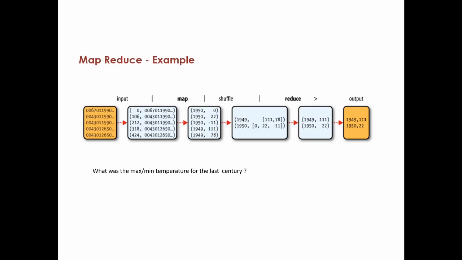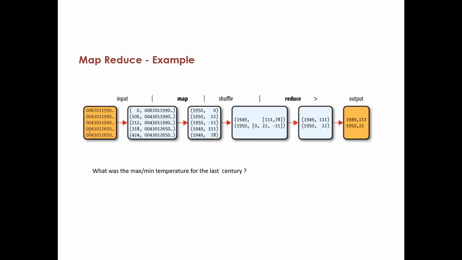So let's say there are weather stations, and these weather stations at a particular hour, date and year are recording the temperature at a particular place. And you want to find the max and the minimum temperature for the last century.